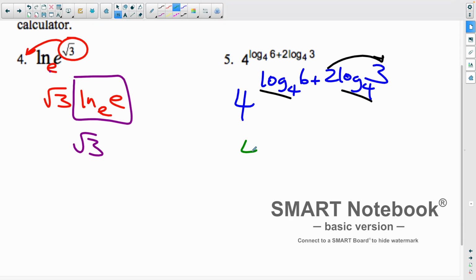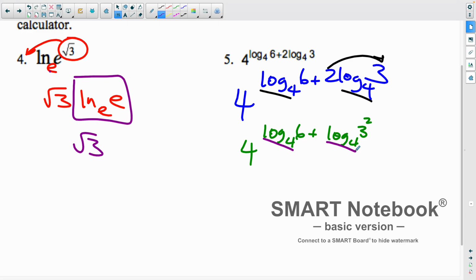So if I were to do that, I have 4 to the log base 4 of 6 plus log base 4 of 3, and that 2 got pushed back, 3 squared. Okay? Now I can combine like terms. This is log base 4, that's log base 4. There is a plus there.